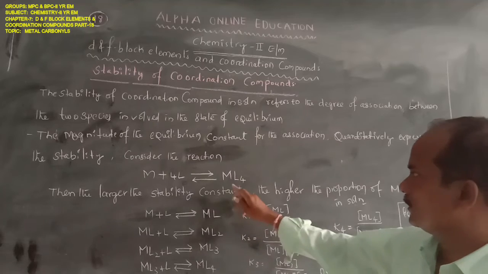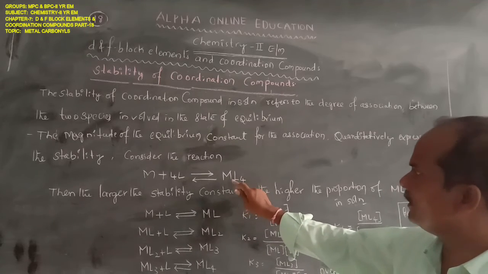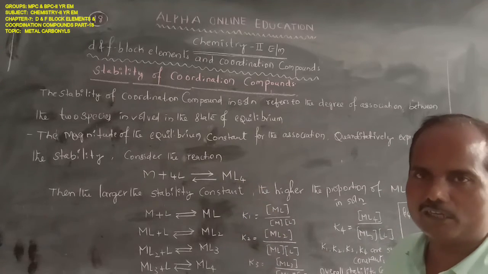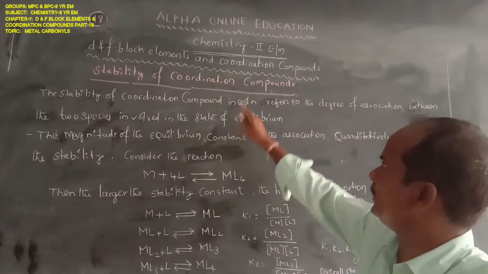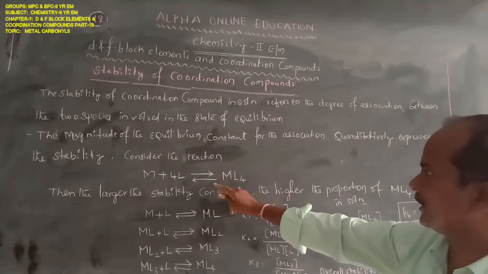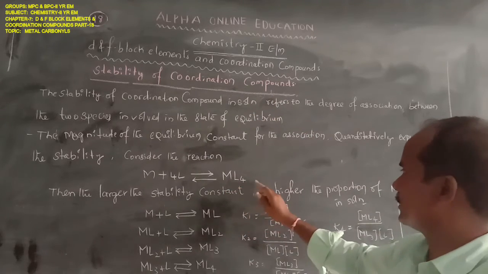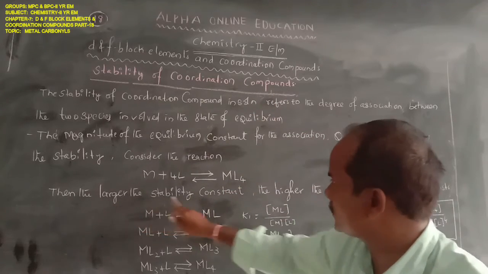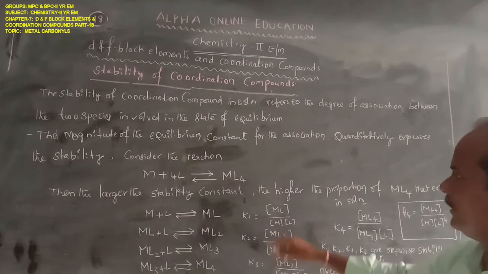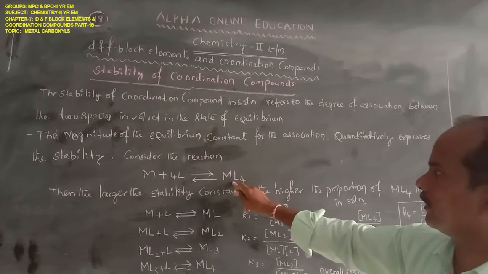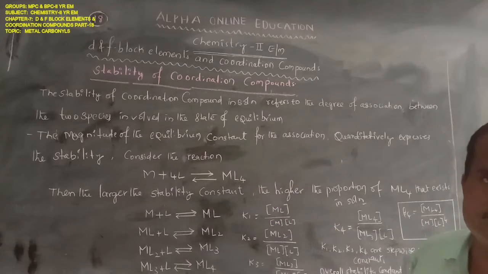Then the stability of this 4 coordinated complex depends upon the stability constant. The larger the stability constant, the higher the proportion of ML4 in solution state.